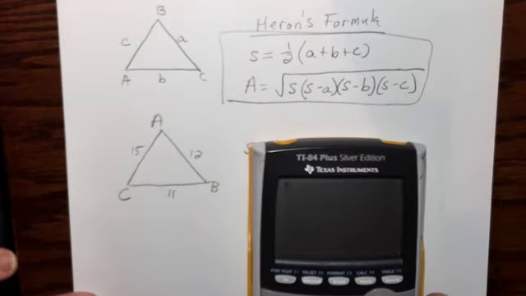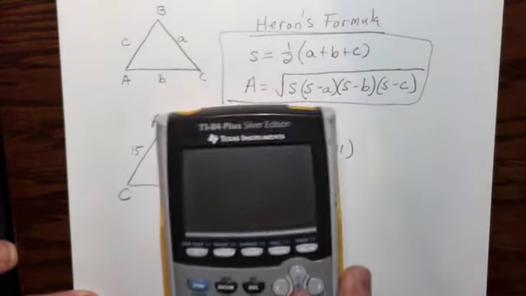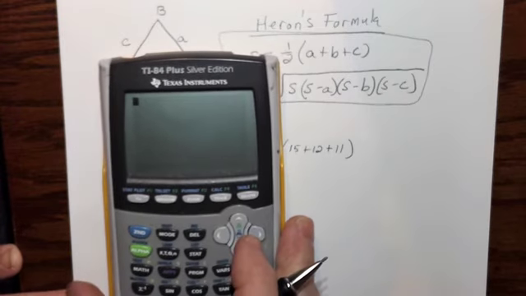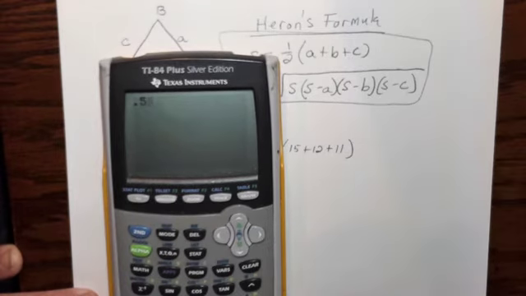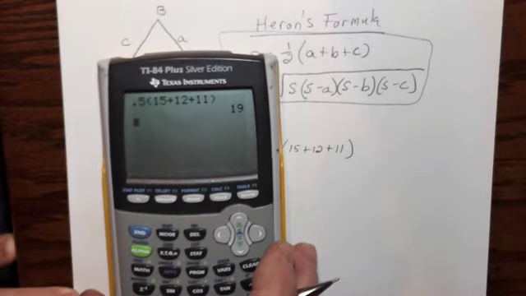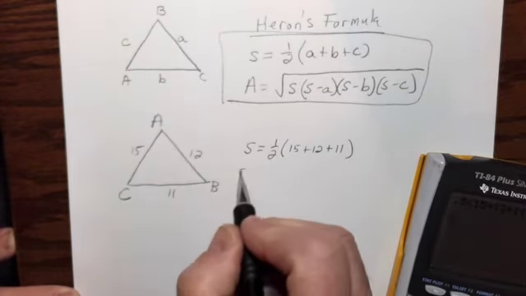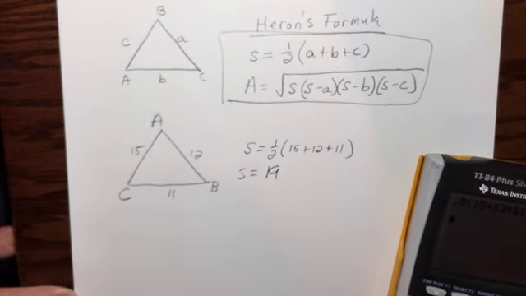So I take my calculator, and I go 0.5 times, I guess I should just use parentheses, 15 plus 12 plus 11. And I get 19. So S is going to equal 19.